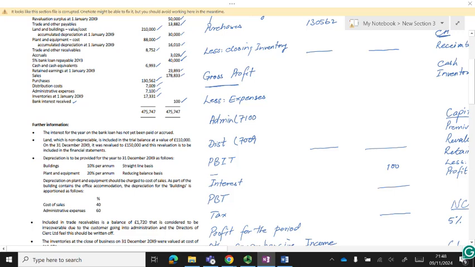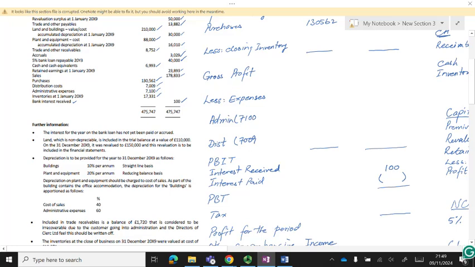Because it's interest, I'll record it somewhere close to the interest. So this is interest received of 100, which I will record as a positive figure. When I calculate the interest paid, I will record that as a negative figure.